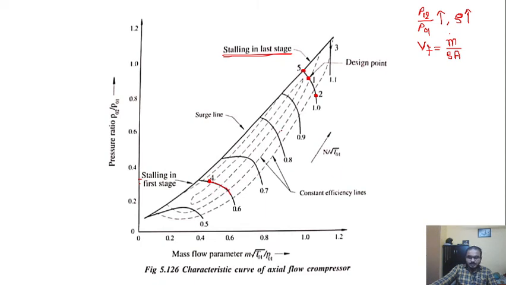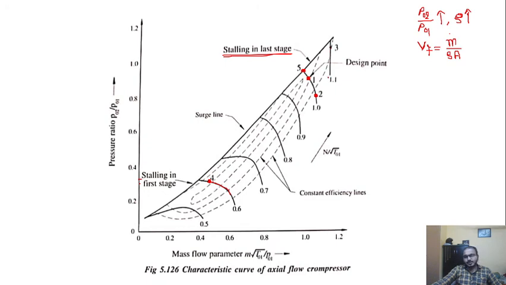So this is the way this entire performance characteristic curve is observed, and the dotted lines in between show the constant efficiency lines. And if we see the other extreme of this characteristic curve, then at point number 3 the characteristic curve becomes almost vertical.